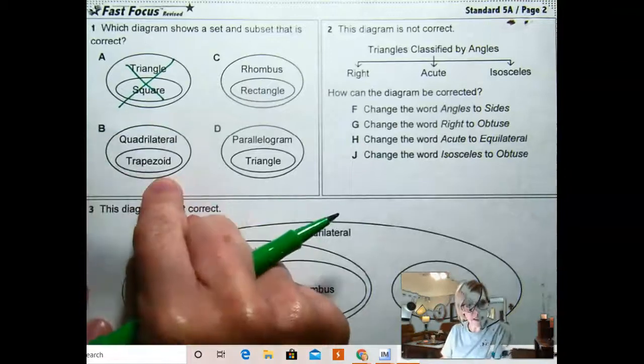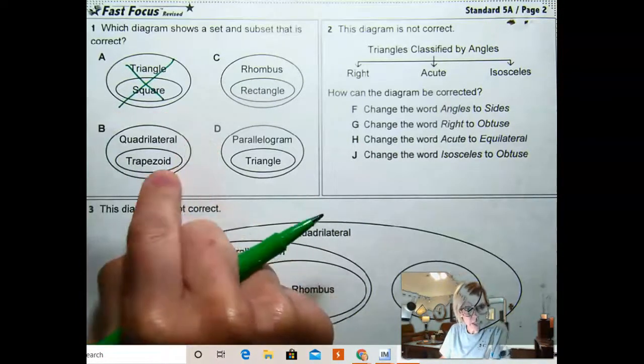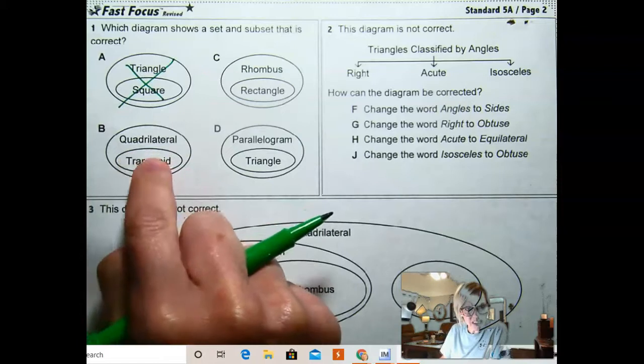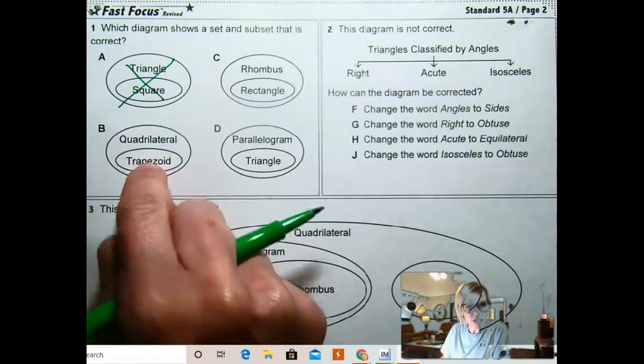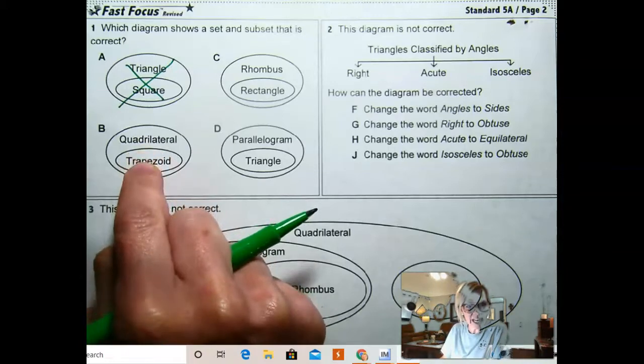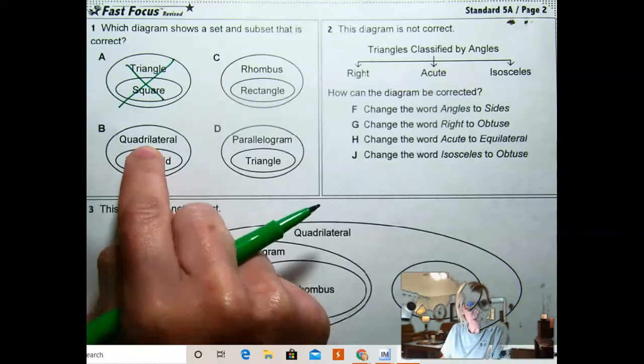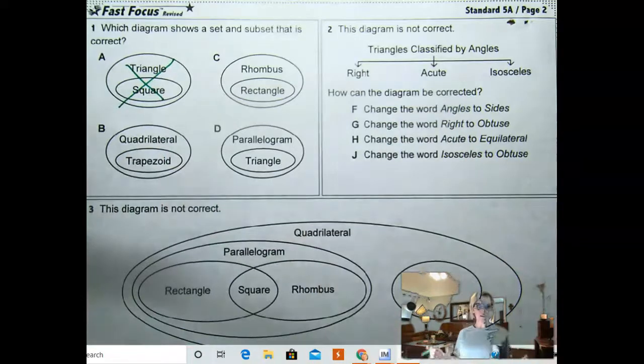Okay, so again, this is how this works. The larger circle says quadrilateral. So what it's saying is a trapezoid is inside quadrilateral. So is a trapezoid a type of quadrilateral? Well, let's think about this. Okay, let's review. We just finished our unit on quadrilaterals. Quad means 4. Lateral means side.